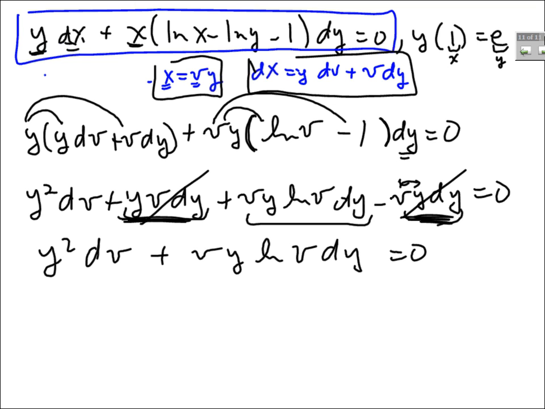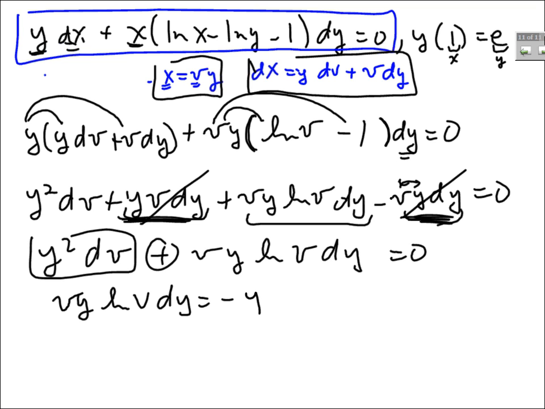You can separate things here if you like. But let me bring this to the other side. So we have plus vy ln of v dy is negative y squared dv. The factors are v times y times ln of v times dy equals negative y squared dv.